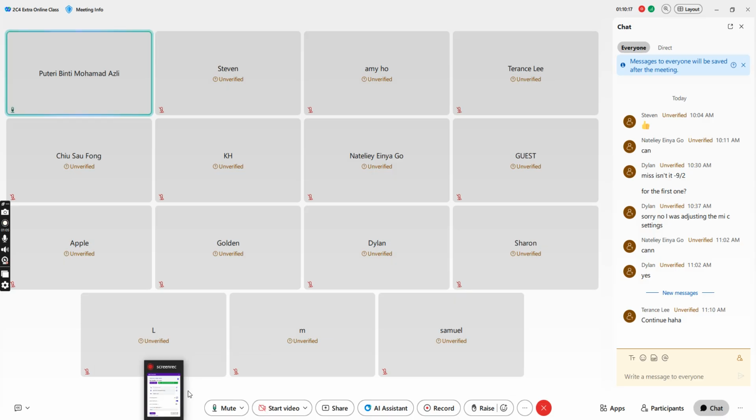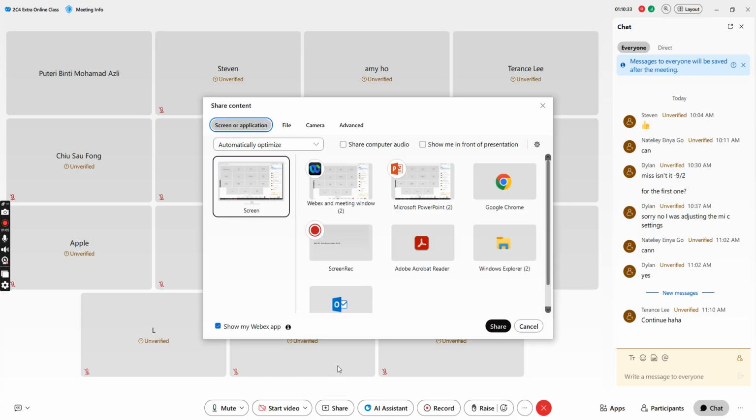So for the next topic that we're going to learn, we settled already on absolute value equations and inequalities. Now we're going to go through the next topic, which is linear programming.